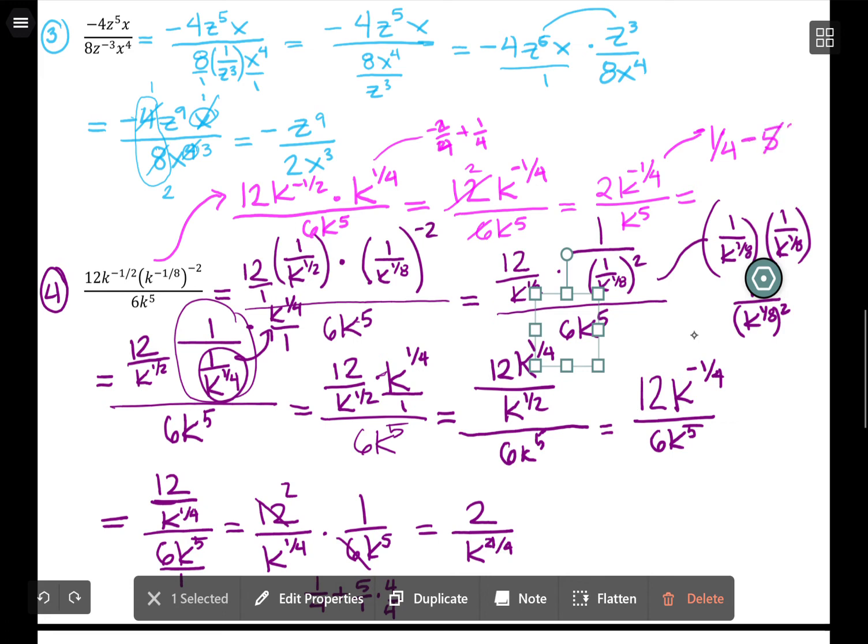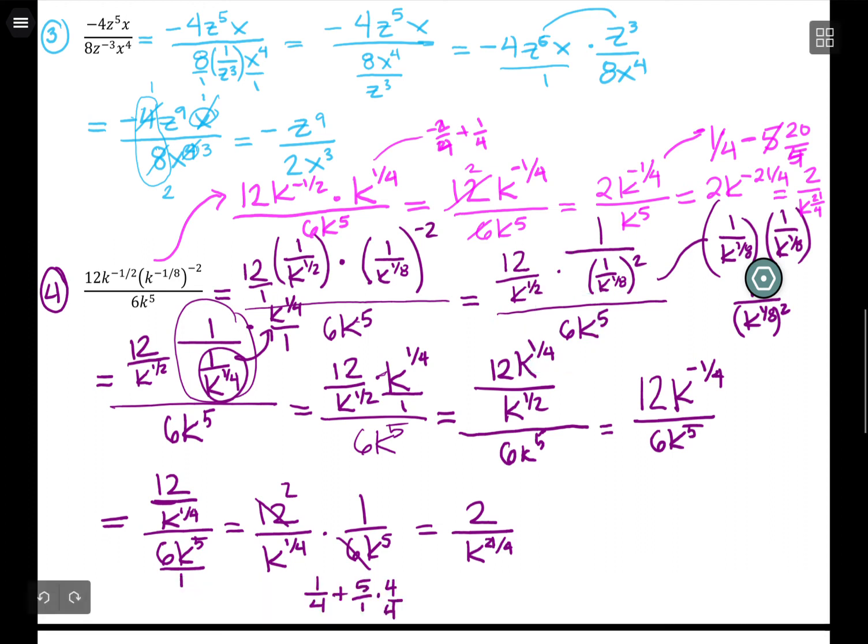Which, remember, 5 is the same as 20 over 4. So we have 2k to the -21 over 4, which is the same as 2 over k to the 21 over 4. So I think it looks a little better, right? That's a little bit shorter than the other way that I did it.